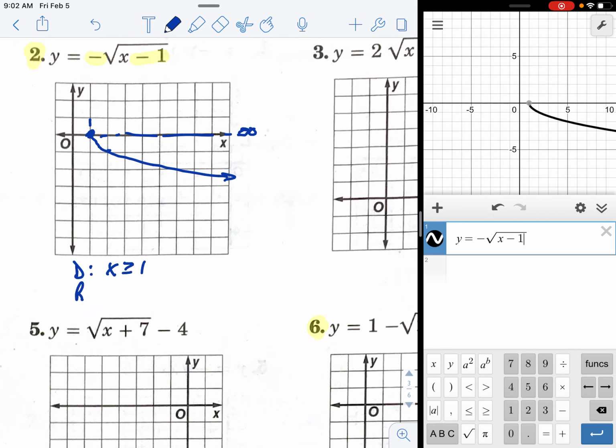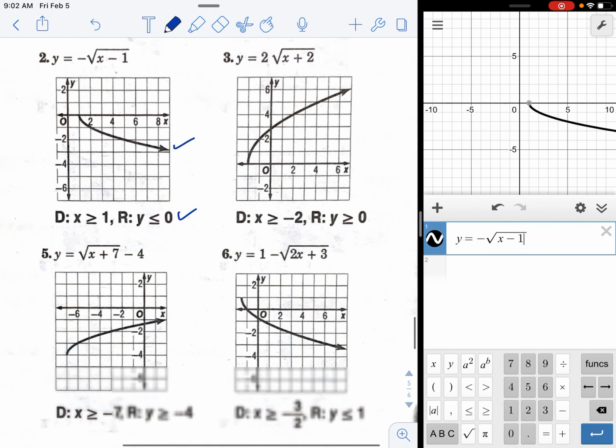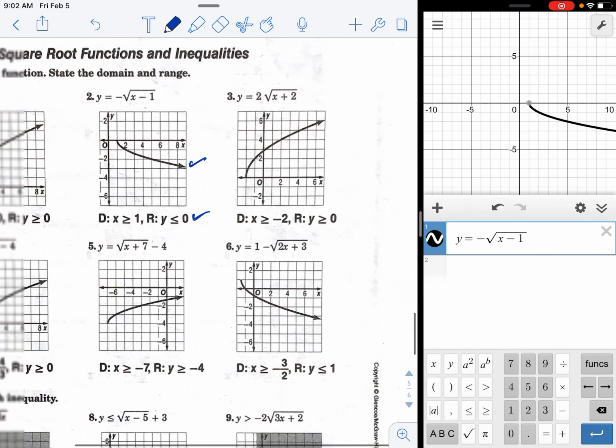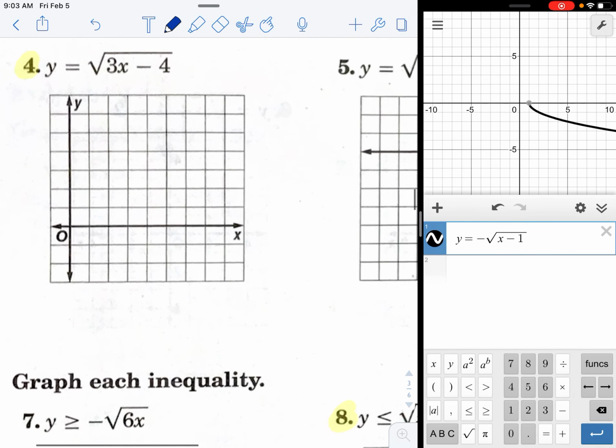For the range, it appears to start at 0 and it goes downward forever. This does continue in the downward direction forever. Wow, that makes no sense what I just drew there. Anyway, so that would mean that the y values are less than or equal to 0. All right, let's check number 2 on the second. Yeah, so that's the right graph, and that is the right domain and range. Yeah, always good to use the correct answer key.